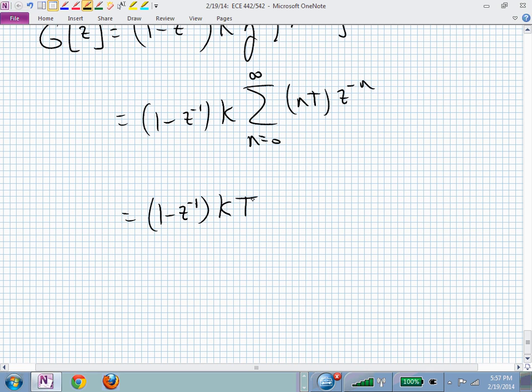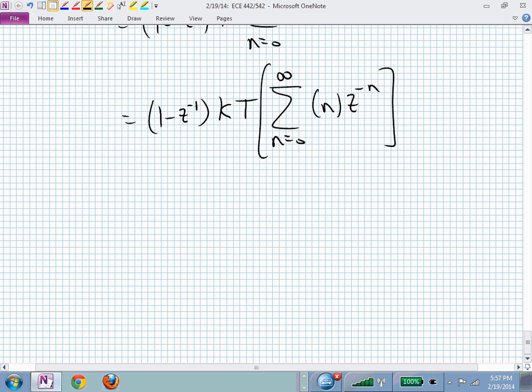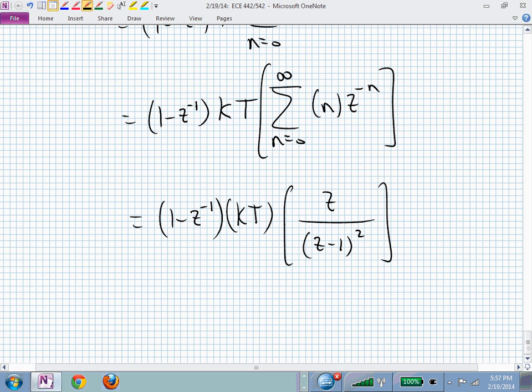The t again is just a constant. I can pull that out from all of the terms. And that in square brackets is what I just derived a formula for, which allows me now to say I have 1 minus z to the minus 1 times kt, and I replace that bracket with what I just derived, which was z over z minus 1 squared.